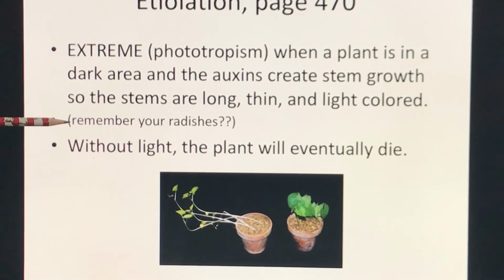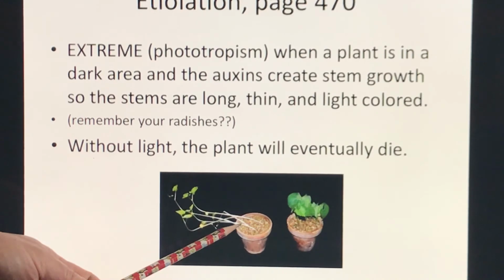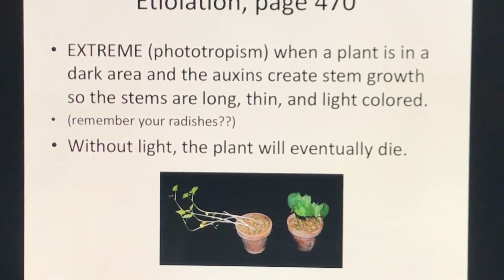So some of you might remember your radish experiment, with the ones that were grown in the dark definitely resembled those types of stems. Now without light the plant would eventually die, but it may just have enough light in this case to keep it going, or maybe eventually even this one may die.